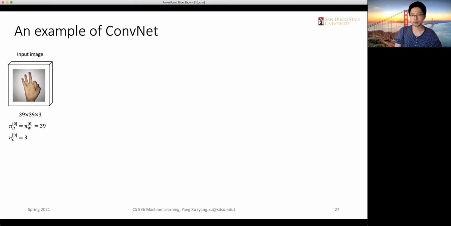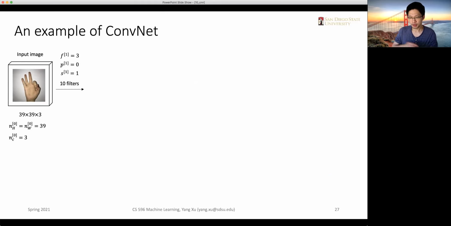Let's say we have a color image of shape 39 by 39 by 3, so the number of channels is 3. For the first convolutional layer, let's assume we use an f of 3, no padding, a stride of 1, and 10 filters.